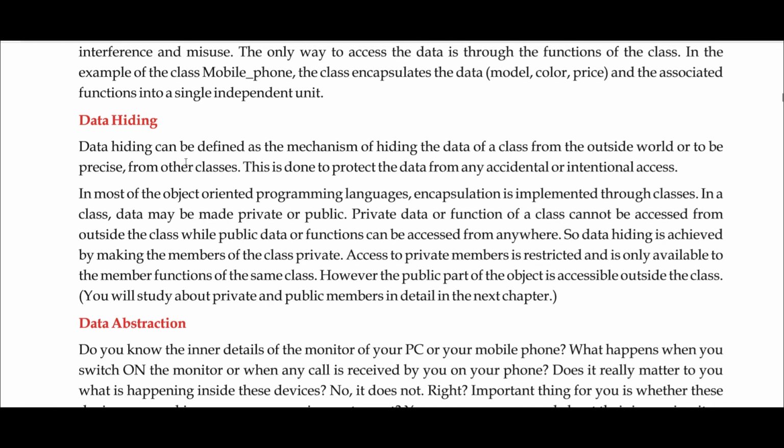Now what you have actually done is you have preserved some internal details of the class and you have displayed only the essential features to the outside world. So you have provided data abstraction. It's very simple: by encapsulation and data hiding, you are actually implying data abstraction.